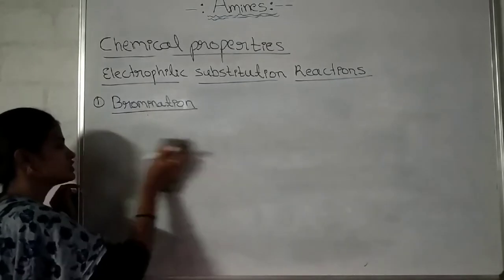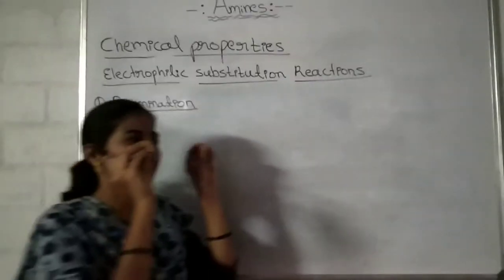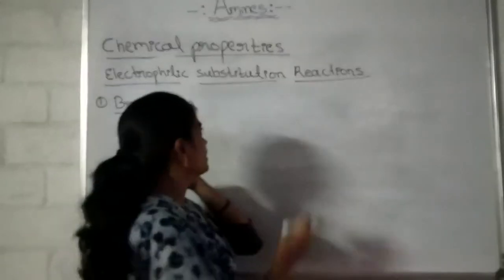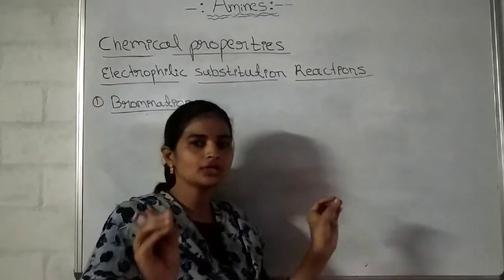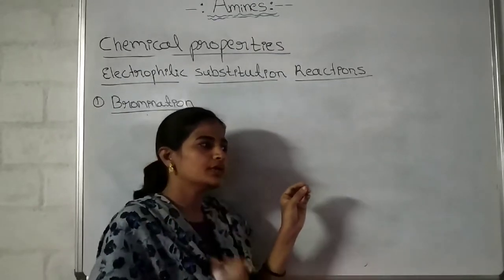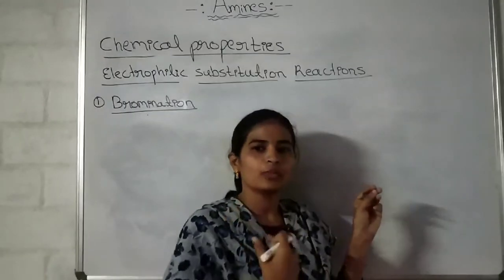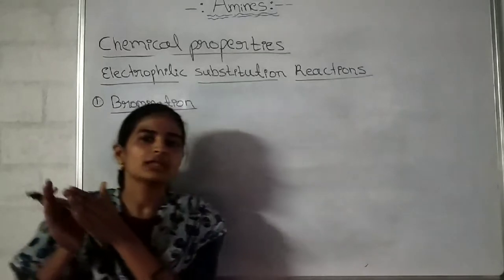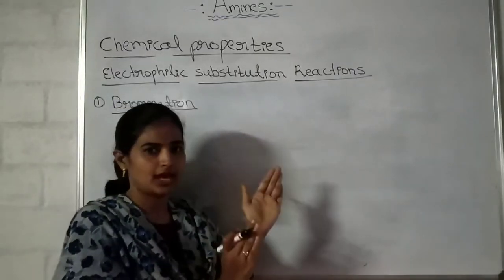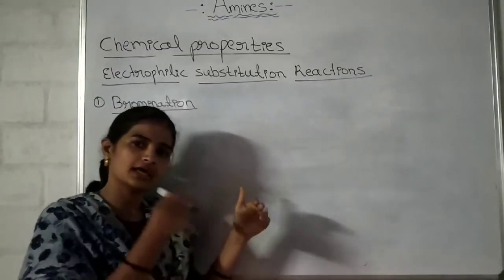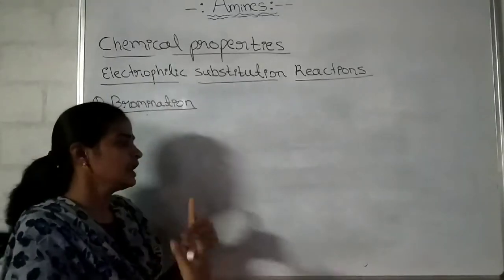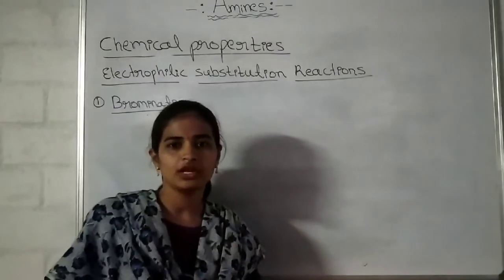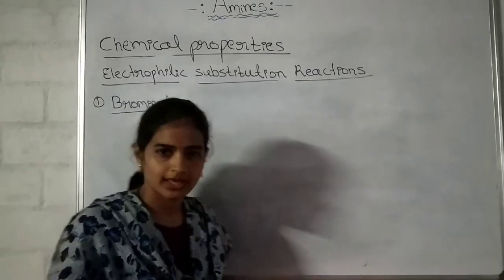To get the mono substituted product, we have to block the ortho position. Instead of carrying out the bromination directly, first I carry out the acetylation reaction on the aniline, and then for the product formed I will carry out the bromination reaction followed by hydrolysis.